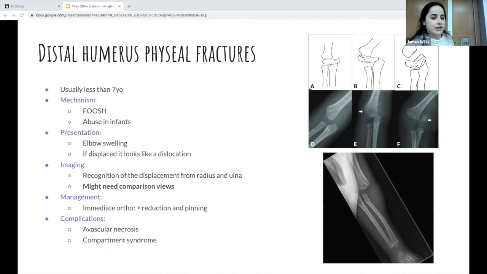These are super important for ortho, they need immediate ortho consultation because these patients get avascular necrosis and compartment syndrome. You can see here how it's subtle, but then these two are pretty obvious. The arm might be super impressive on evaluation, but if it is a subtle fracture, you might not see it. You can always get a comparison view, so you can x-ray the other extremity and make sure if it is the same or not.